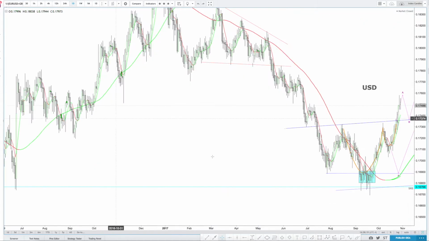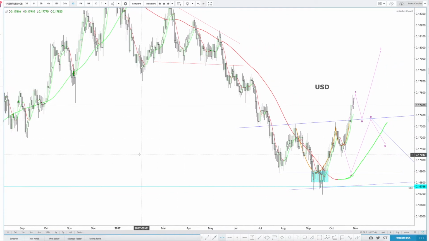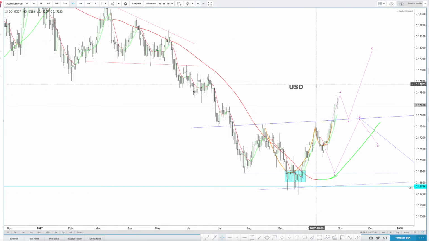So last week and for the last couple of weeks we've been looking for the head and shoulders breakout, and we got it. So last week, this is the projection that I made, ABC formation here. We broke out and actually went exactly to the high of that A and then pulled back.